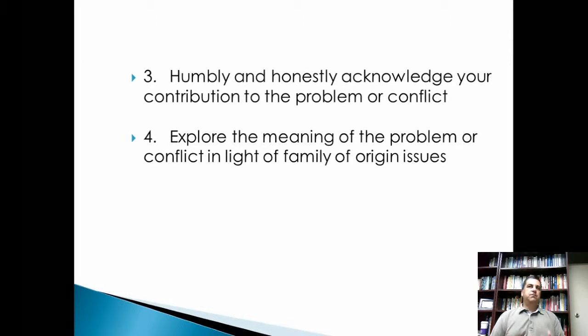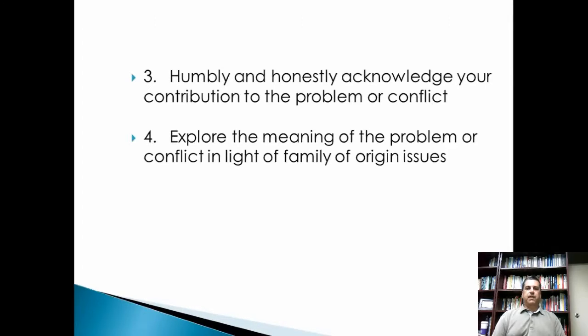But in Christian marriage, it's much different. You actually gain leverage by being humble because you gain the respect of your spouse. And the Bible is very clear that God opposes the proud and gives grace to the humble. So humility is a great thing.